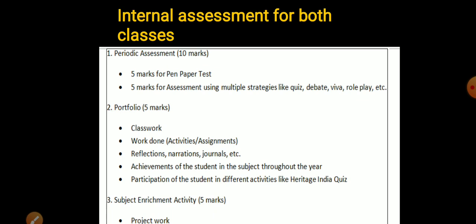This year a new project work has been introduced by CBSE, called the art integration project. In this way, 20 marks have been divided for your internal assessment for both classes 9th and 10th.